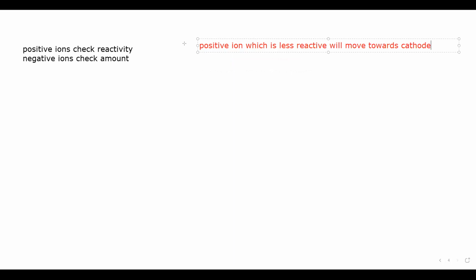In an aqueous solution there are always two positive ions, so the positive ion which is less reactive will move towards the cathode, and the negative ion which is more in the solution will move towards the anode.